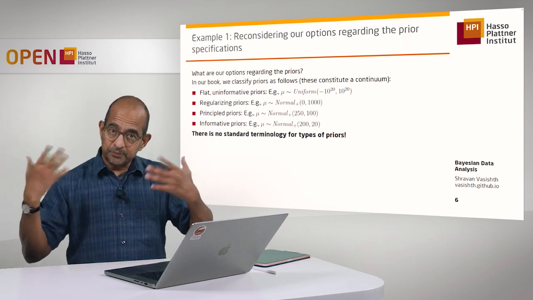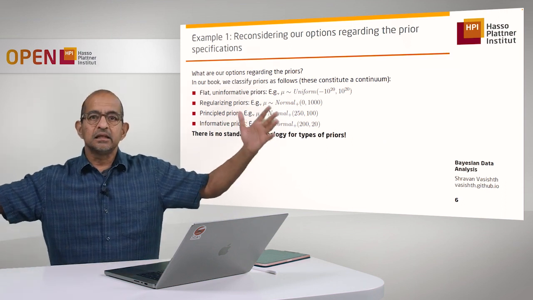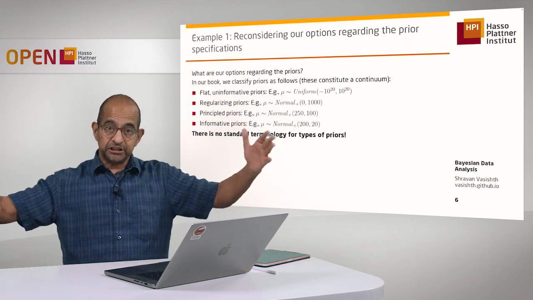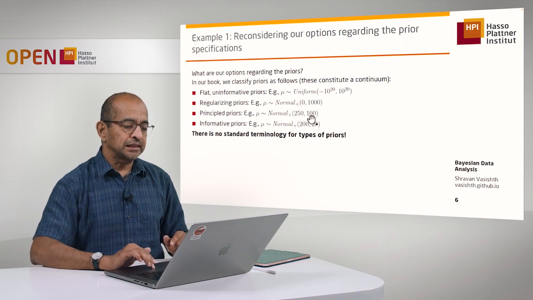So you could assume that the prior is about 250 milliseconds, and you could put a pretty vague prior, you could allow for a lot of variation around that 250 milliseconds by defining a pretty large standard deviation here.